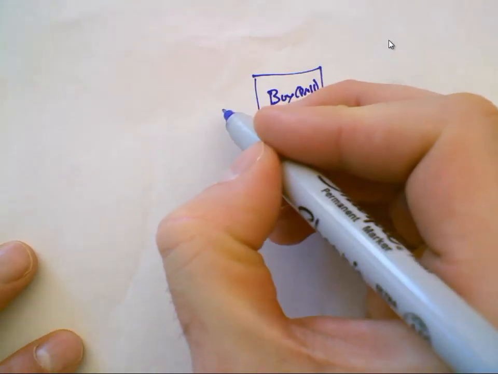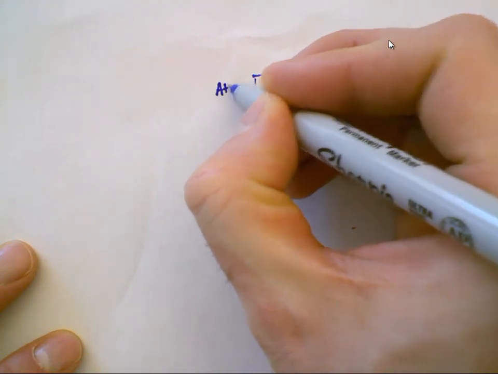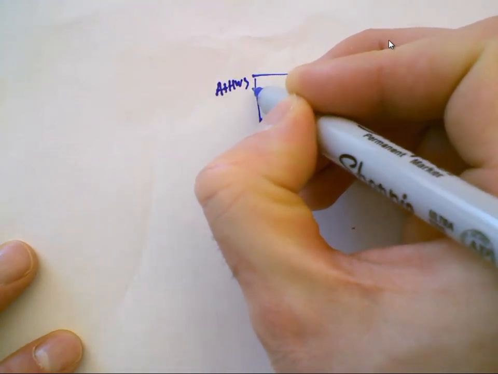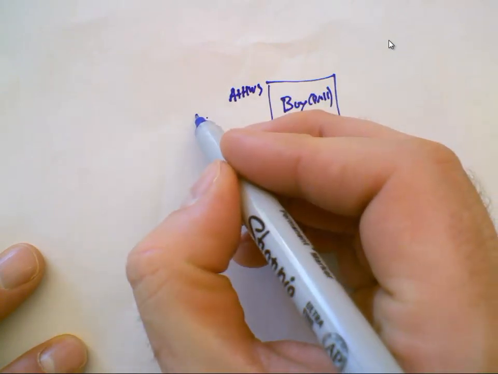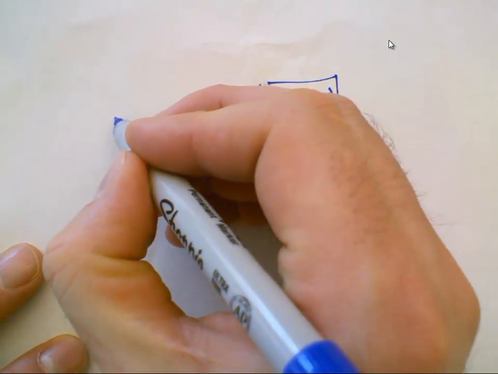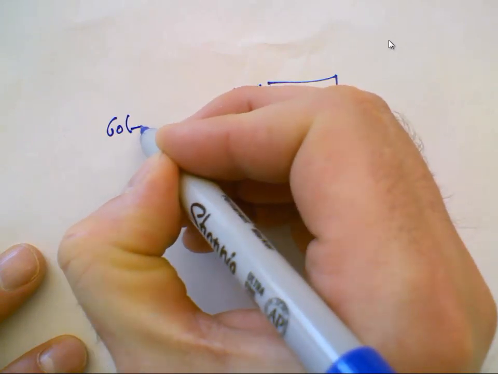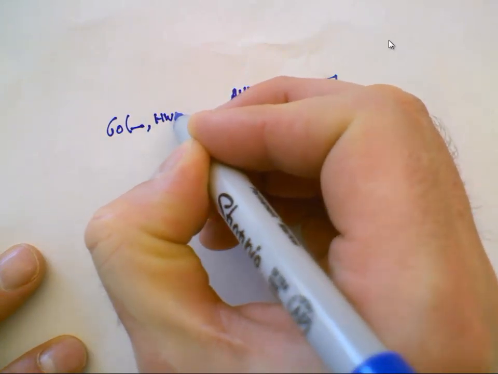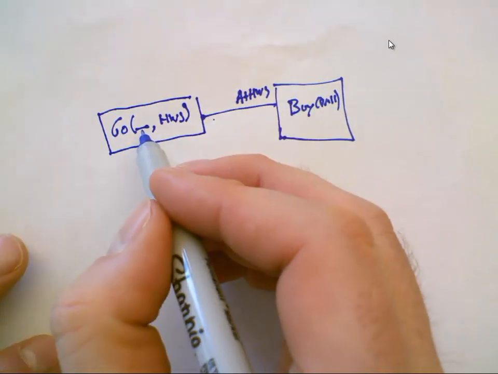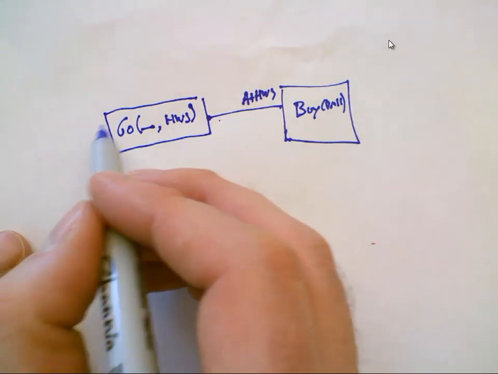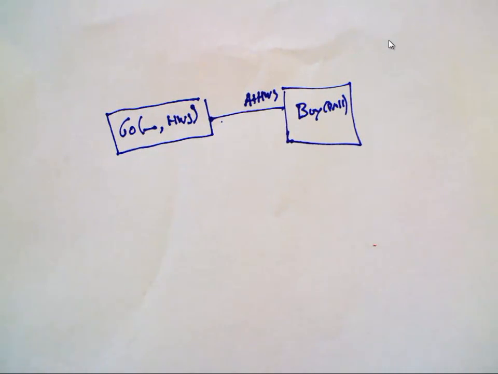I think I need to be at hardware store in order to buy the drill. That's a precondition. And so to achieve at hardware store, I can instantiate the go action, which goes from somewhere to the hardware store. But I don't actually have to choose where my starting position is when I instantiate this action. I can leave that uncommitted.